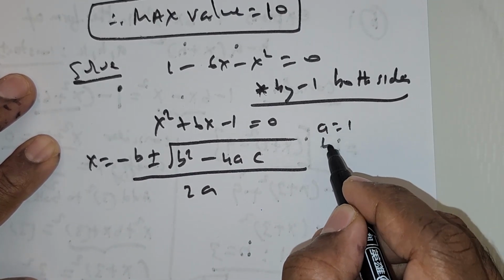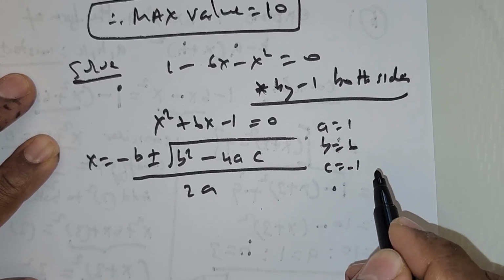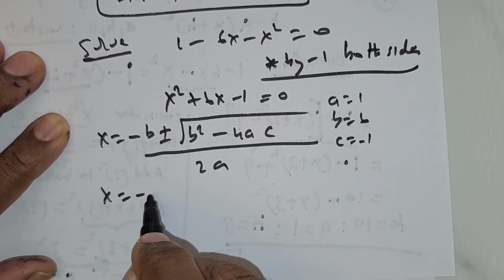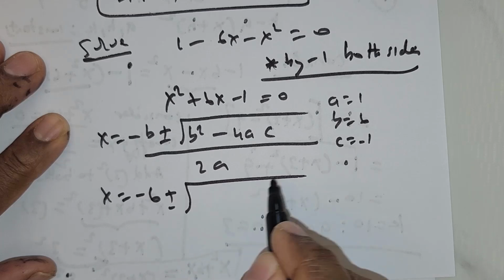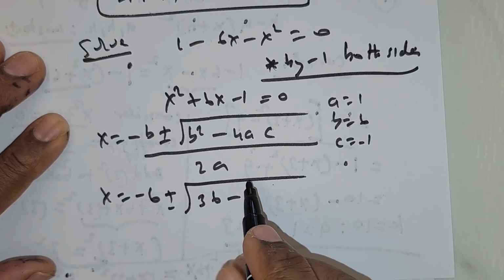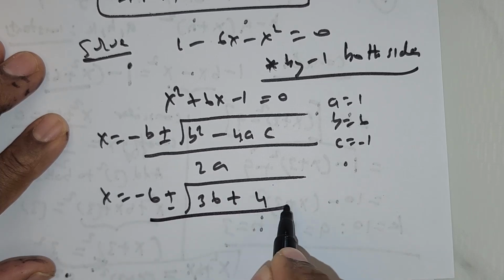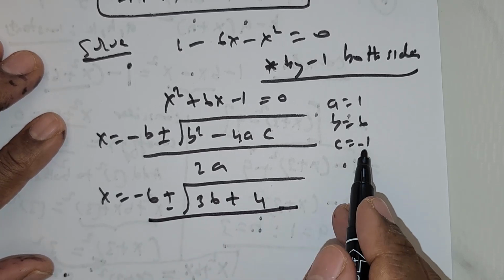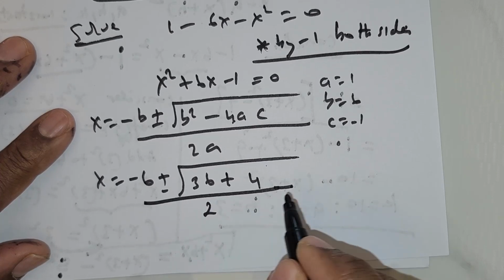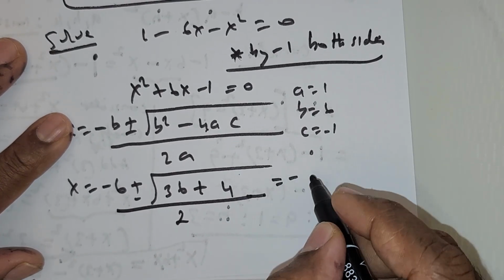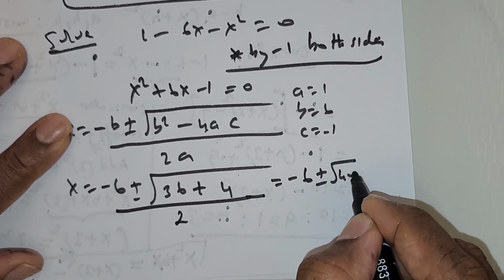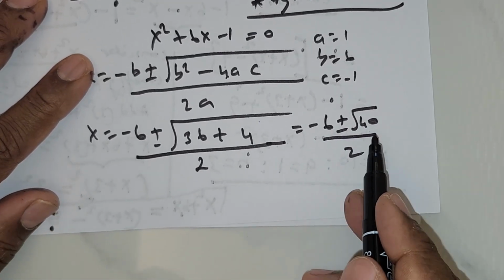So a = 1, b = 6, c = −1. You substitute that. x = (−6 ± √(36 − 4·1·(−1))) / 2·1, that's going to be positive 4, right? c is negative 1, divided by 2 times a, which is 1. This will give you (−6 ± √40) / 2.